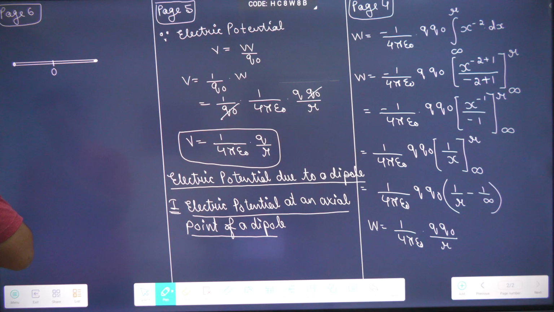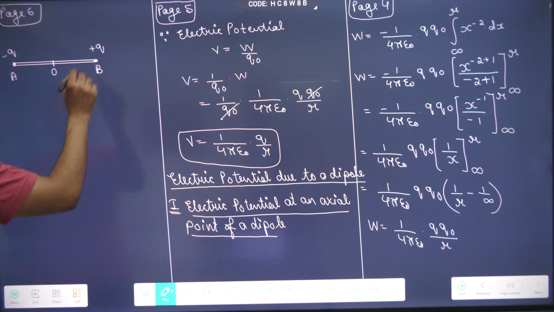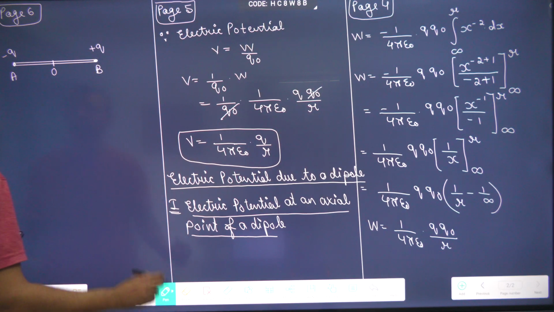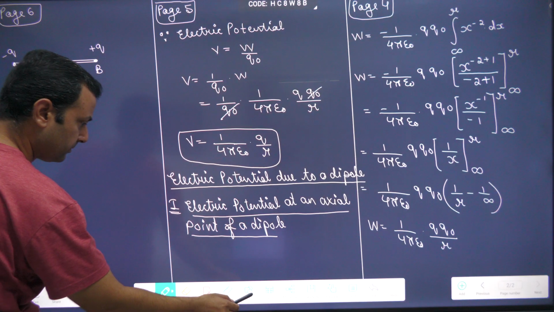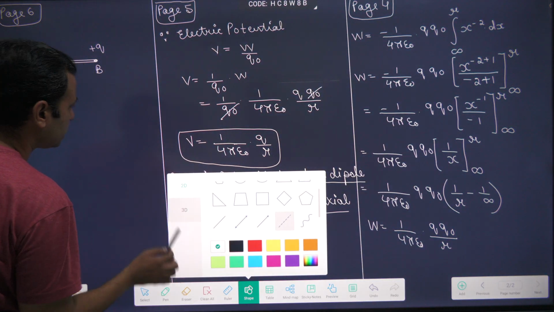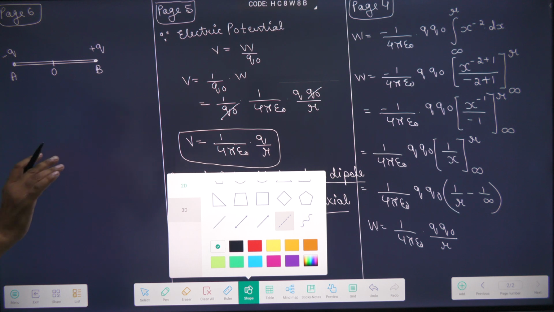This is point O, this is point A, this is point B, minus Q plus Q. The center of the dipole is O. So Anusha, this is an electric dipole. This is not a new thing for you. You have done it in chapter number 1 also.